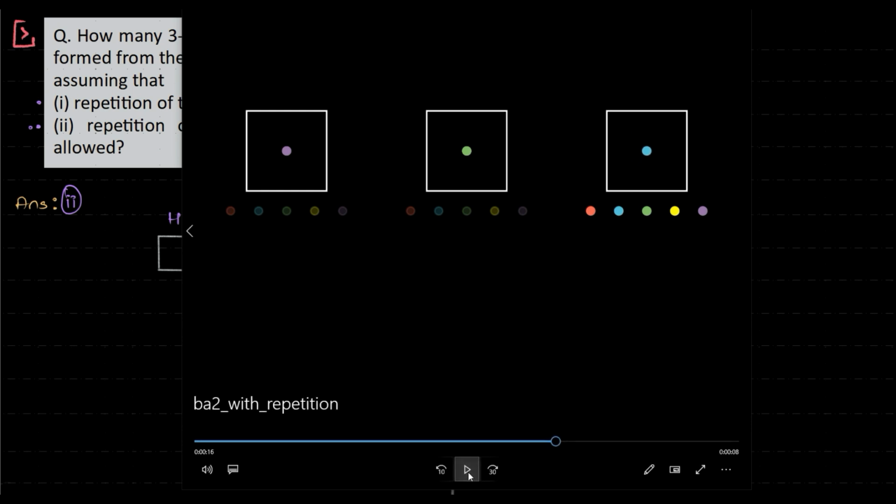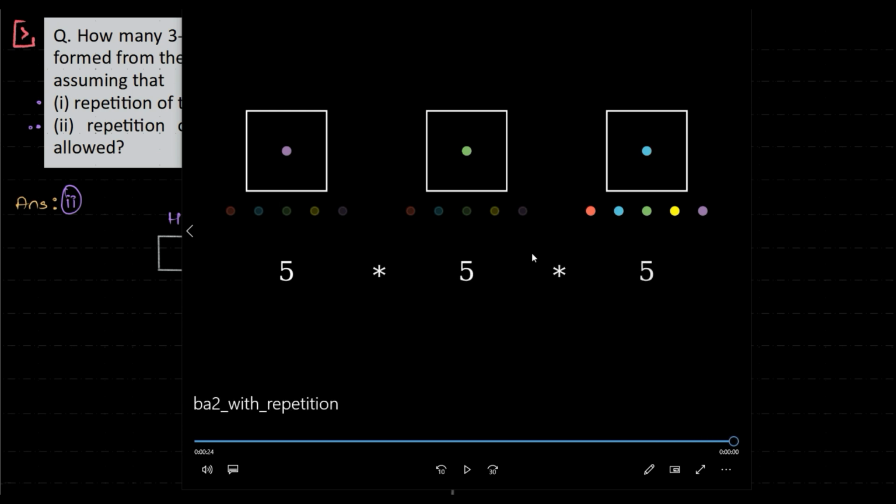So I have 5 different options for this box as well. Now with the help of the fundamental principle of counting, what are we looking at? Here we're looking at 5, here too 5, and here too 5.